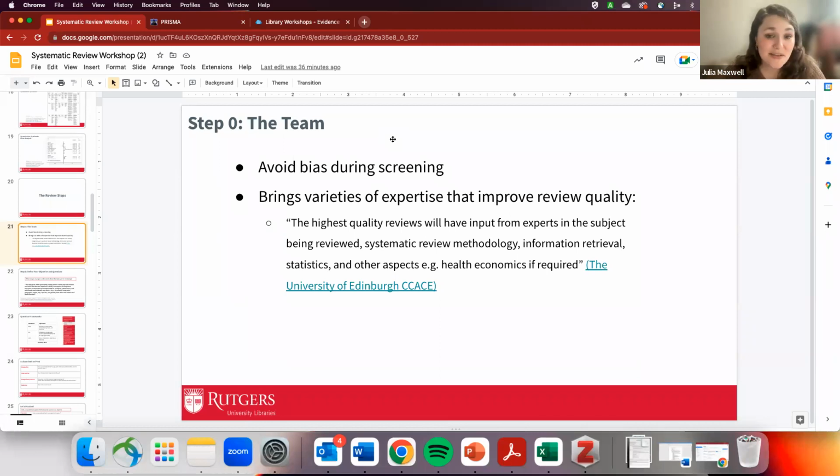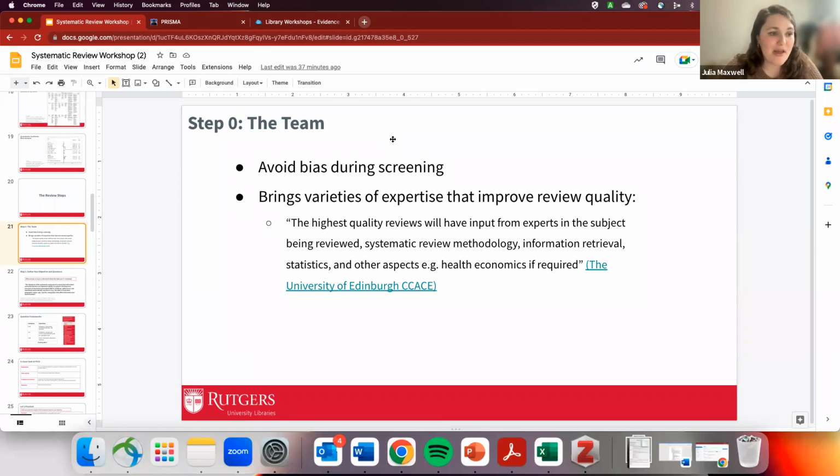The other reason is that it makes the review a lot easier. It's hard to have subject matter expertise, expertise in statistics if you're doing a quantitative systematic review, and expertise in the searching and information retrieval elements.